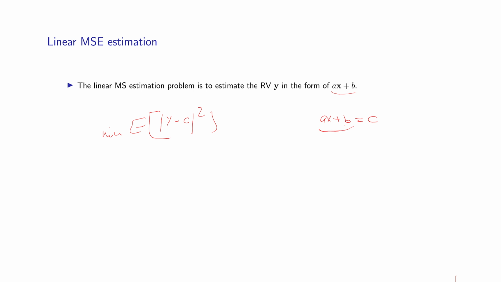In order to determine this estimator, provided that x is known, I only need to determine the values of a and b. So this is how we formulate that, and remember that this c is a function of a and b.